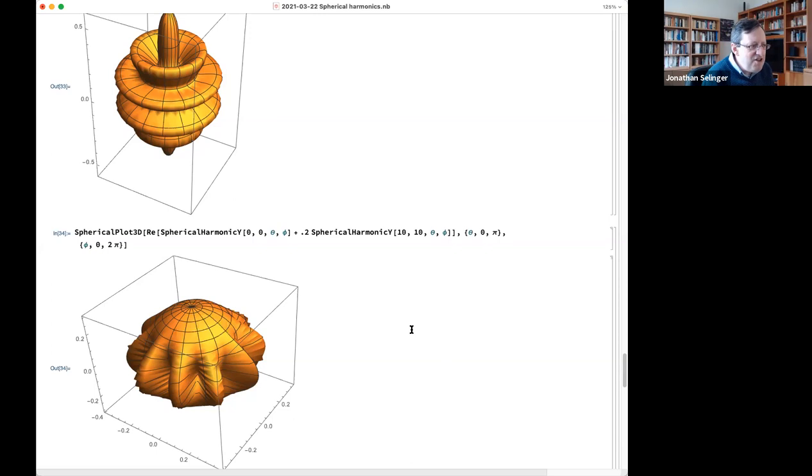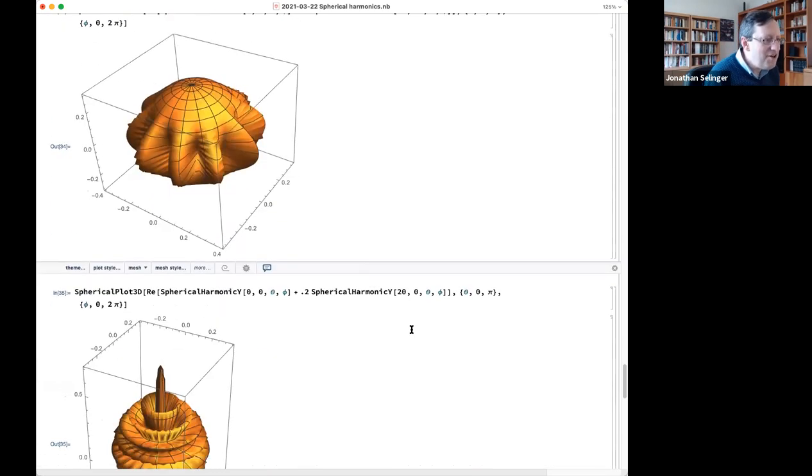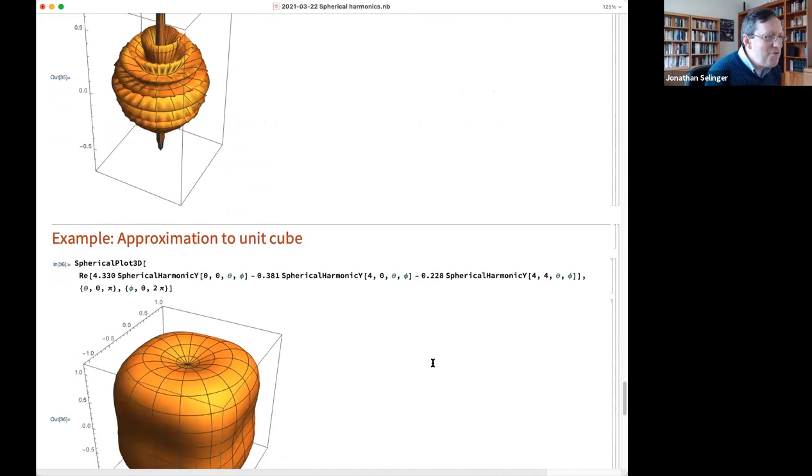When I presented this 2 years ago in this class, one of the students challenged me and said, oh yeah, you think you can describe any shape? How about a cube? Can you make a cube if that's the shape of our planet? So here's the best I can do for making a cube. Whoops, it's not this one, it's 20. Here's the best I could do for making a cube.